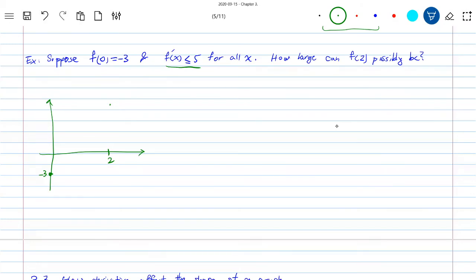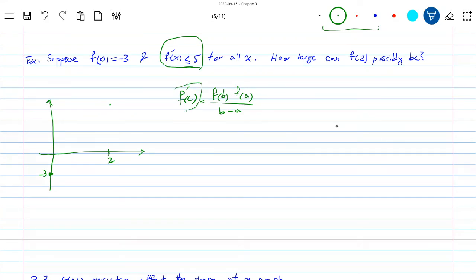y value for 2. Okay, some result that we have from the mean value theorem says f of the endpoint b minus f of a divided by b minus a equals the derivative at some point c. But you have a restriction on the derivative here. The derivative is always given to be less than 5.